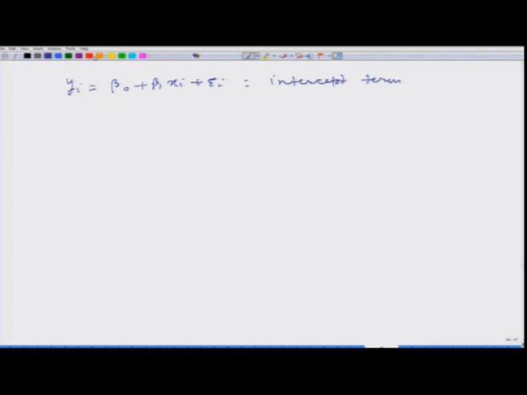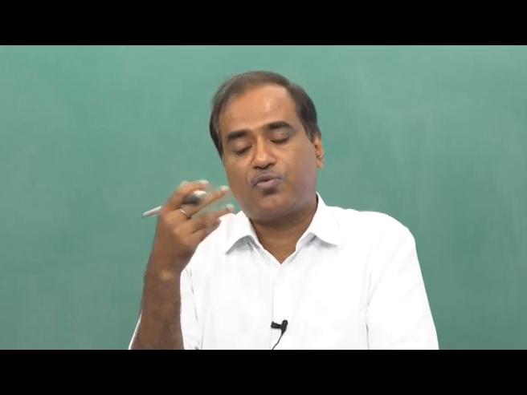In that case, what would happen? I would consider the model something like yi equals beta 1 xi plus epsilon i. The first question that comes is, what is the difference between the two? Why should I consider the intercept term sometimes to be present and sometimes to be absent?